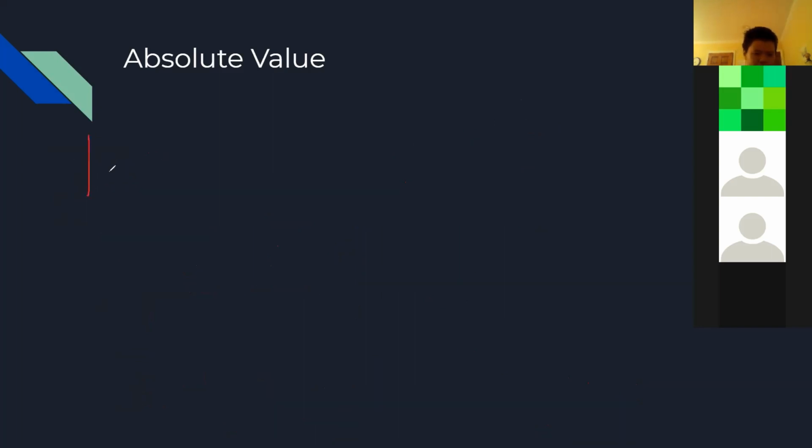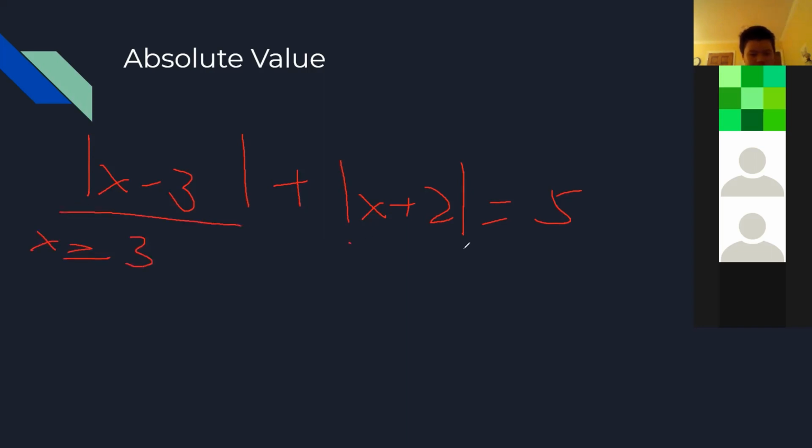But what if we had multiple of them? First off, let's take that x is bigger than 3. So this would be positive, this would be positive.